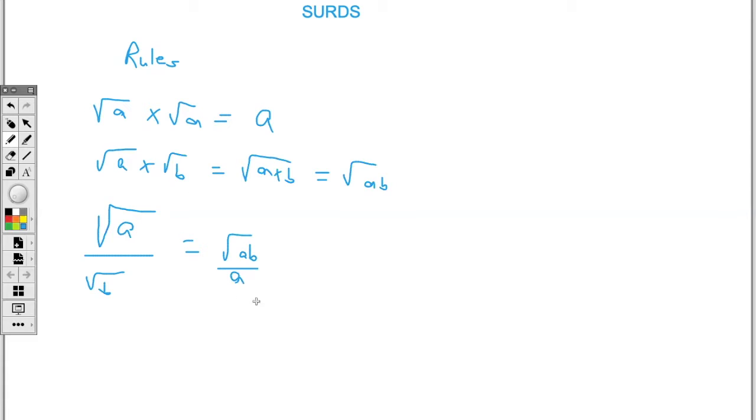Now, I'm going to explain how I get this, but this will be done later on. I'll be explaining how you arrive at the square root of ab over b. It's called rationalizing. But before I do so, let me go into the first two rules that I displayed.